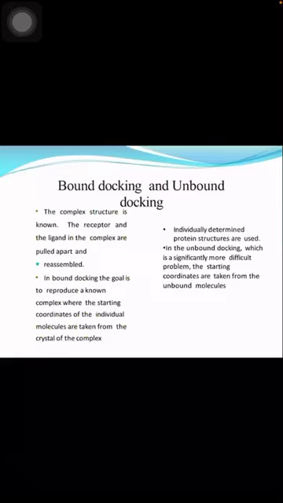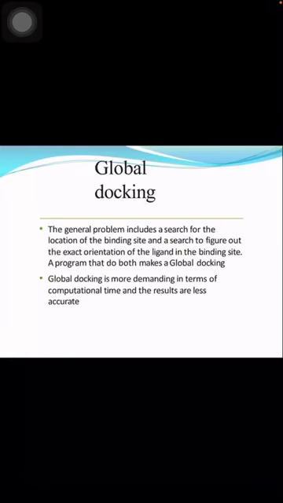In unbound docking, the individually determined protein structures are used. This is a significantly more difficult problem, as the starting coordinates are taken from the unbound molecules. The next one is global docking.